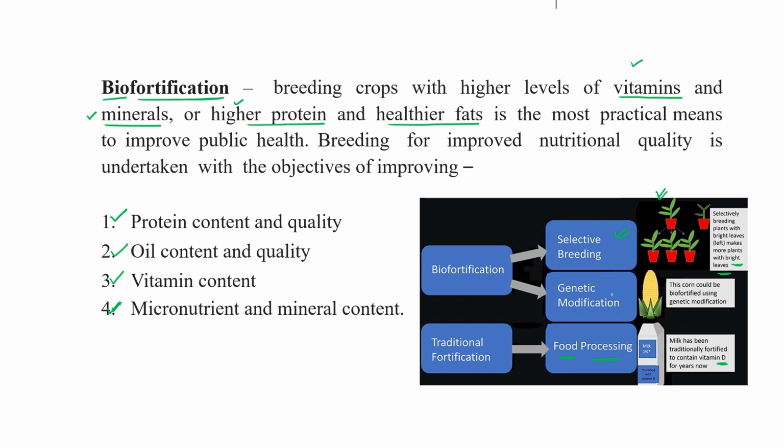Similarly, with the help of genetic modification, we can modify a plant type with the help of molecular tools like genetic engineering. At the genetic level we can modify a particular plant type, or we can say development of transgenic plants. Like this corn could be biofortified using genetic modification, so that we can improve their vitamin content, their protein content, or their other important minerals inside it.